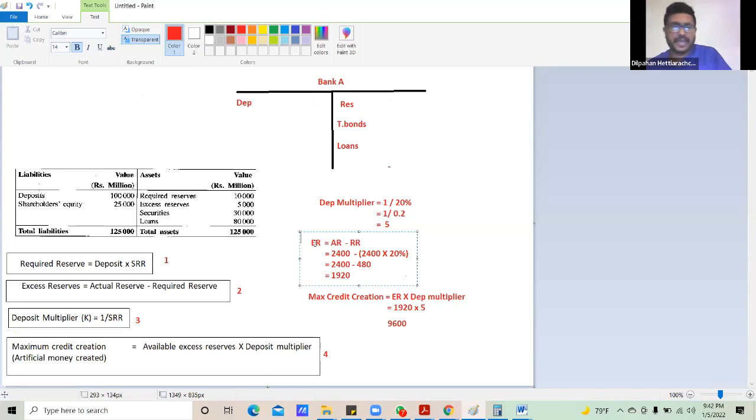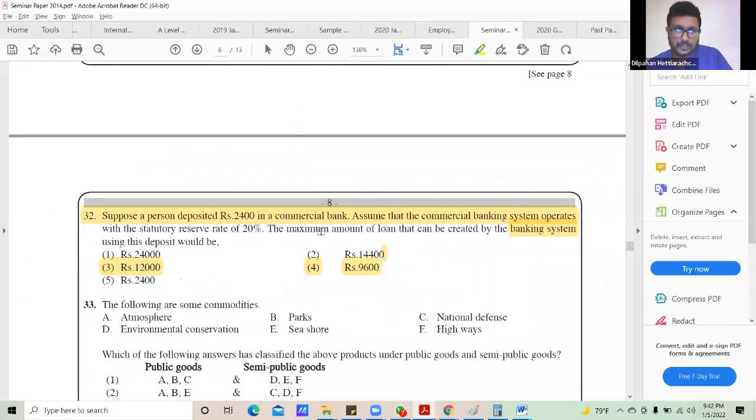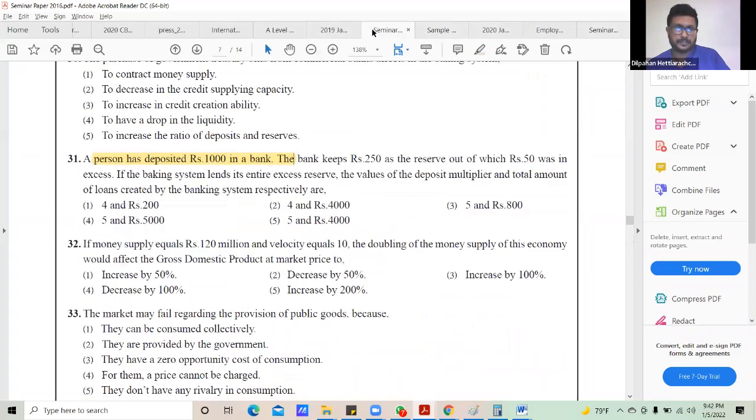Then separately you calculate the multiplier, which is 5, and multiply 5 by 1,920 to get the answer for credit creation. The question asks about maximum loans that can be created, maximum credit creation. Answer is 9,600. Clear? I hope you are clear. We'll go for another question.